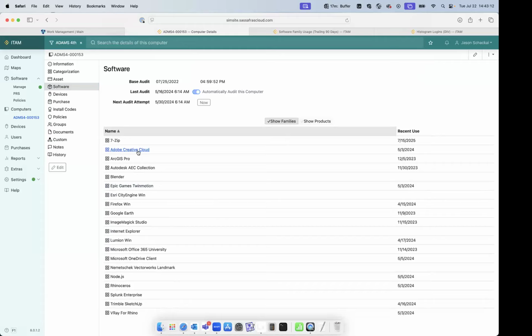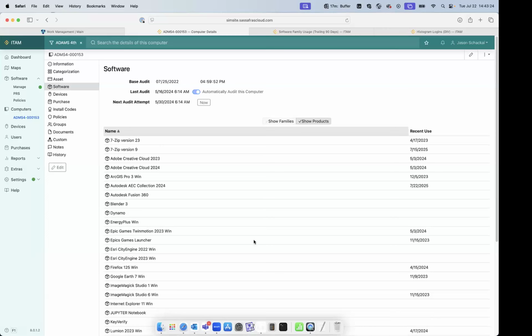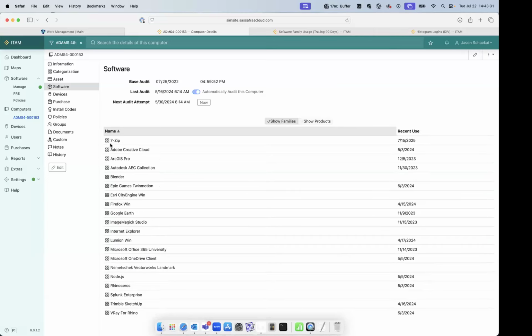I'm going to talk about usage tracking here in a second, and we'll look at a couple of reports as well. But just to get that general idea, there's the applications, which can be a very long list. There's the products, which are version specific, and that's done on the server side where we normalize all of that. And then there are the families, which makes it really easy to decide one time about which products you want to track usage for, and then you'll have all versions being tracked.